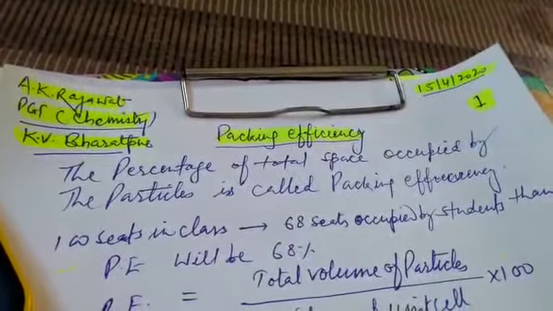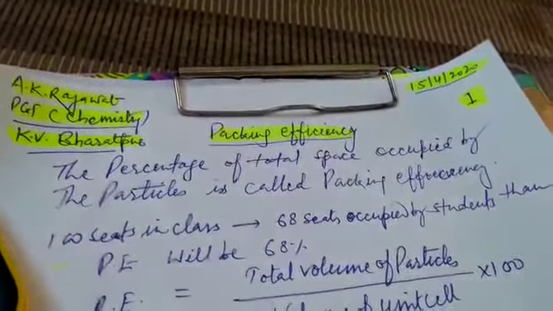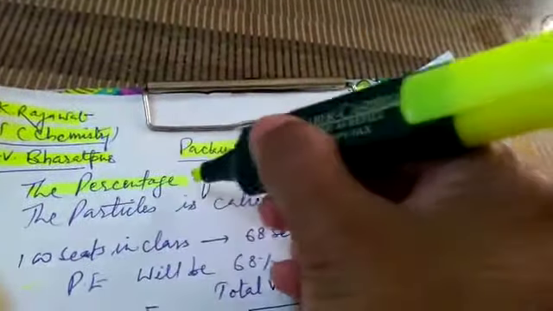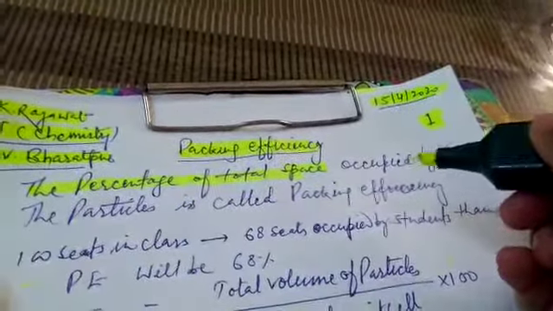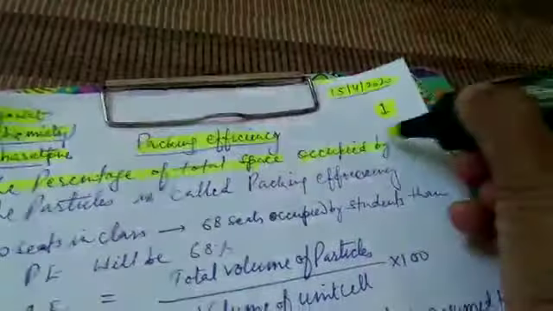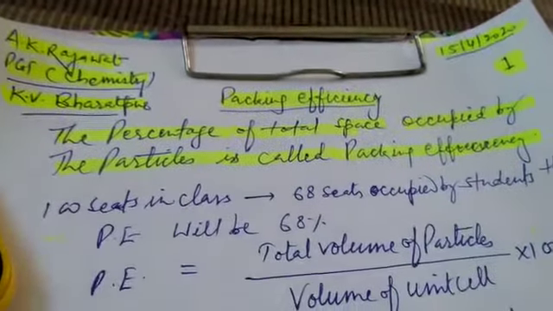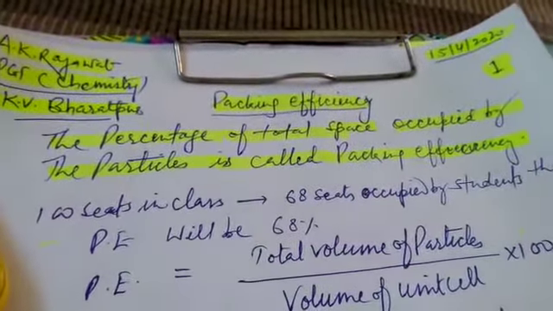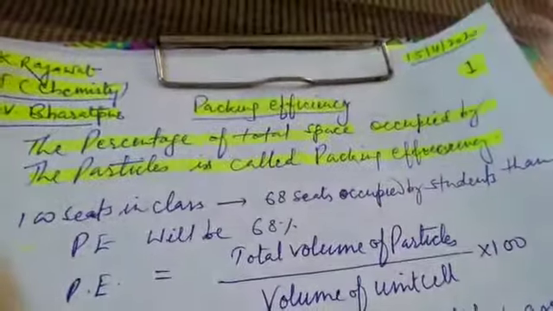You can understand packing efficiency by reading this definition. The percentage of total space occupied by the particles is called packing efficiency.